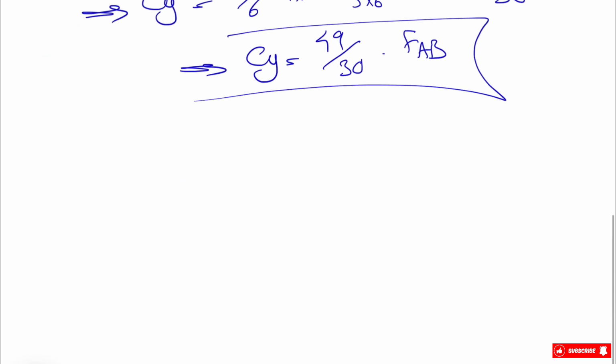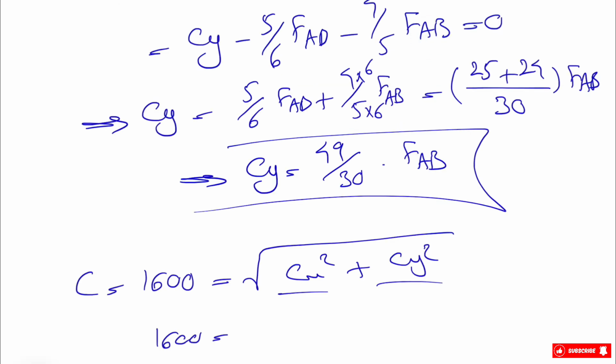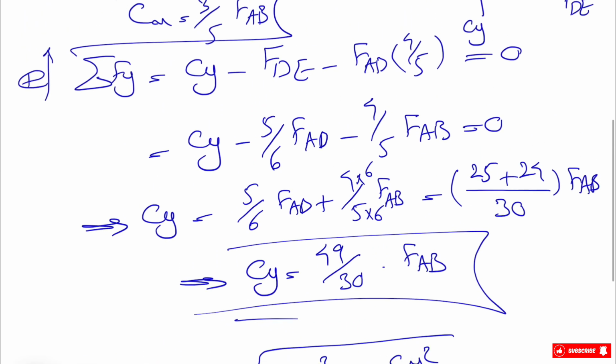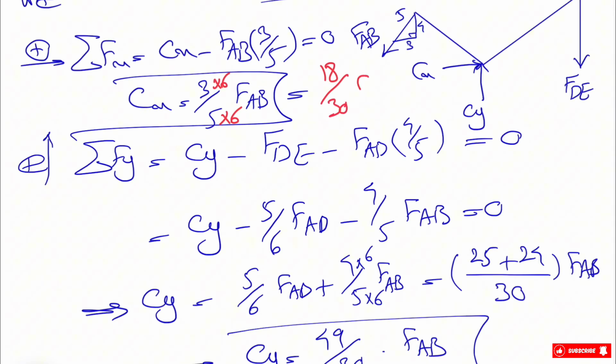We have important information in the question that the magnitude of C cannot be more than 600 Newton. So if we go for the max of C, we'll have the square root of CX squared plus CY squared, so 600 equals that. In order to have the same denominator for CX and CY, we know CY is 49 divided by 30, and if we multiply numerator and denominator of CX by 6, we will have 18/30 FAB.